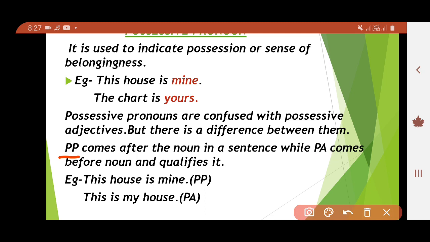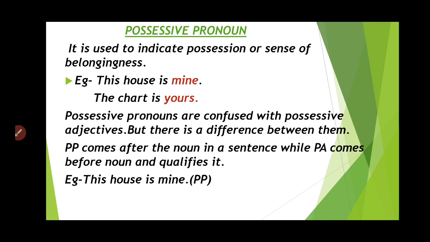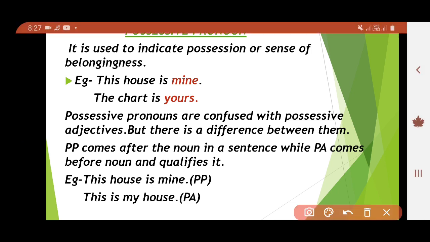Okay. Possessive pronoun comes after the noun in a sentence. When we are writing a sentence, we use a noun, yes or no? But if we are using a possessive pronoun, then it always comes after the noun. But possessive adjective comes before the noun and qualifies it.